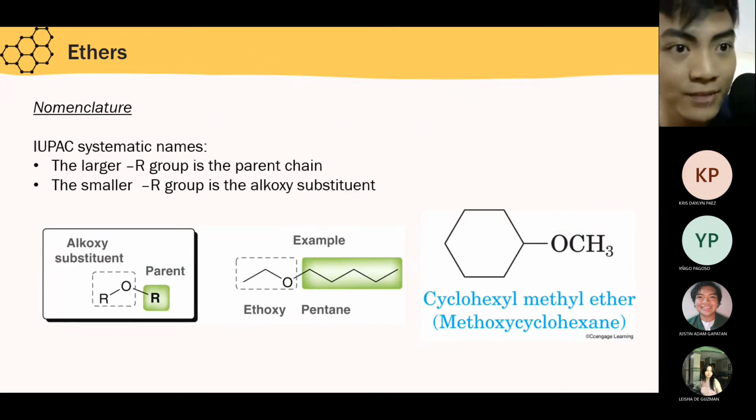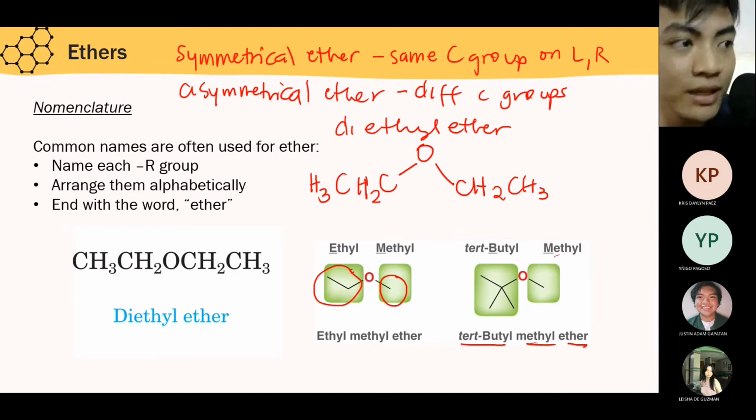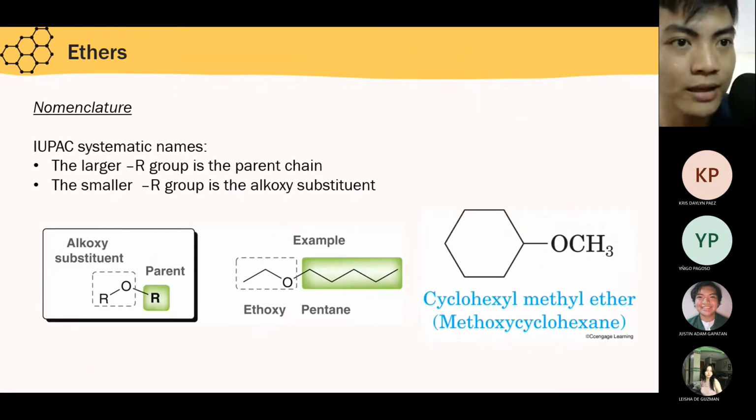Also have IUPAC naming for this one. Itong binigay ko kanina, ito yung common name. And usually, common names talaga yung ginagamit for ether. Pero, also, we have to know the IUPAC name. So, for IUPAC name, similar idea.